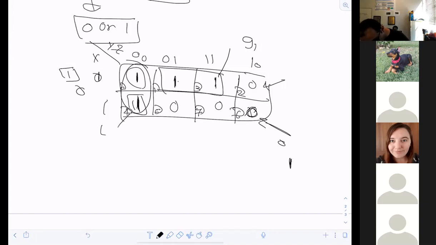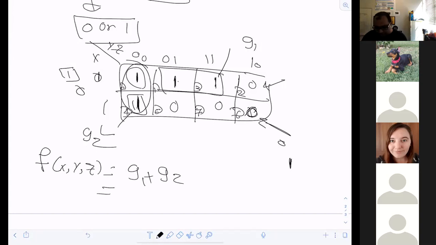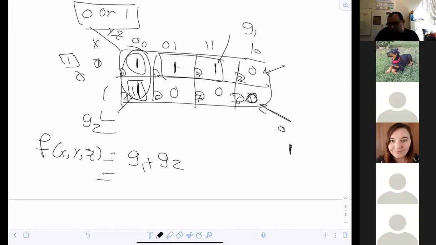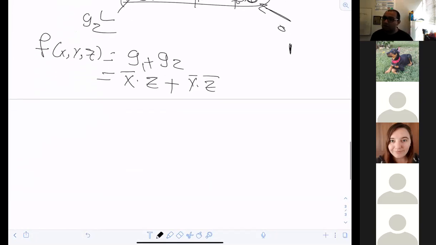So in that case, there will be a group 2, and then you will say f as a function of x, y, z is equivalent to group 1 or group 2. Do you guys agree? In this case, group 1 will be x complement z, and group 2 will be y complement z complement. That's a solution, right?